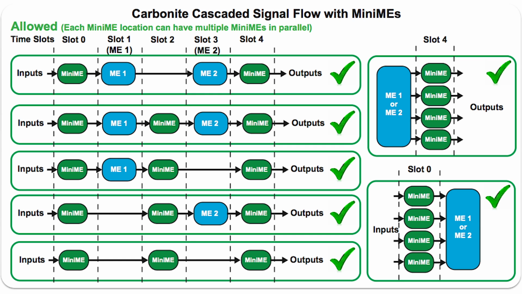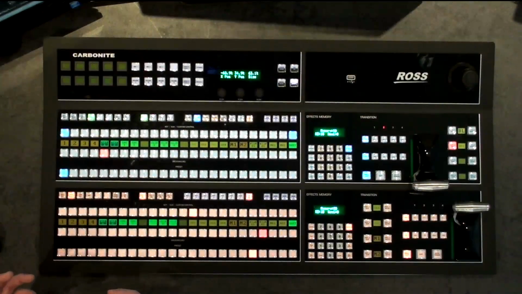So you can't put a Mini-ME into a Mini-ME and then into ME1, but you can have multiples in the same timing window. So what that means, for example, what we want to do is set up a 2-box on ME1 that is taking both of those two Mini-MEs.